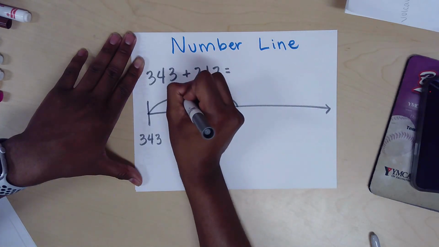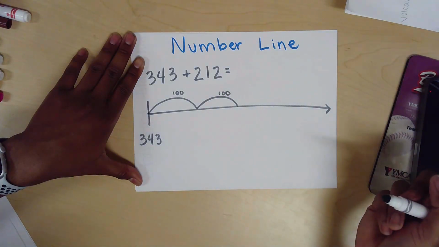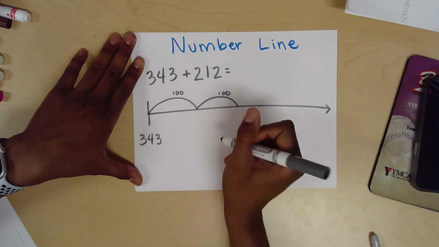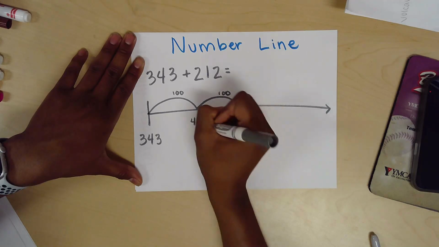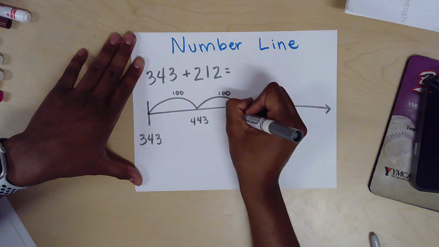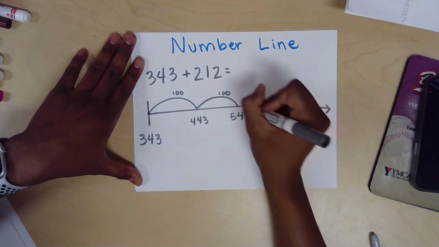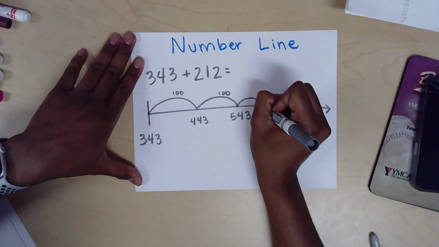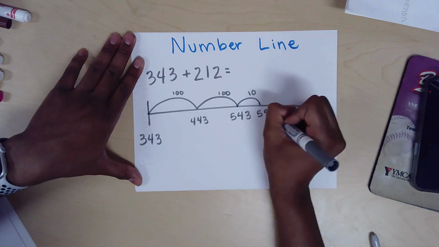That's going to be 100, just because they need that step. So adding 100 onto this is going to be 443. Adding another 100 on is going to make it 543. Now we're going to add 10 on to make it 553.